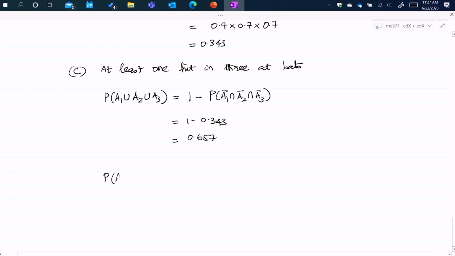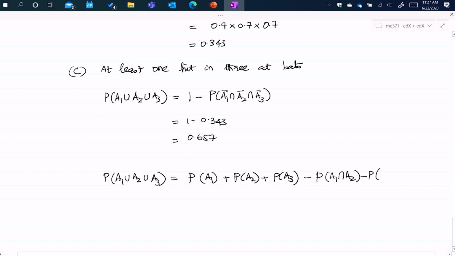Now, if you want to check using the more elaborate addition formula, we can do that as well. A1 union A2 union A3 is probability of A1 plus probability of A2 plus probability of A3, minus probability of A1 intersection A2, minus probability of A2 intersection A3, minus probability of A3 intersection A1, plus probability of A1 intersection A2 intersection A3.